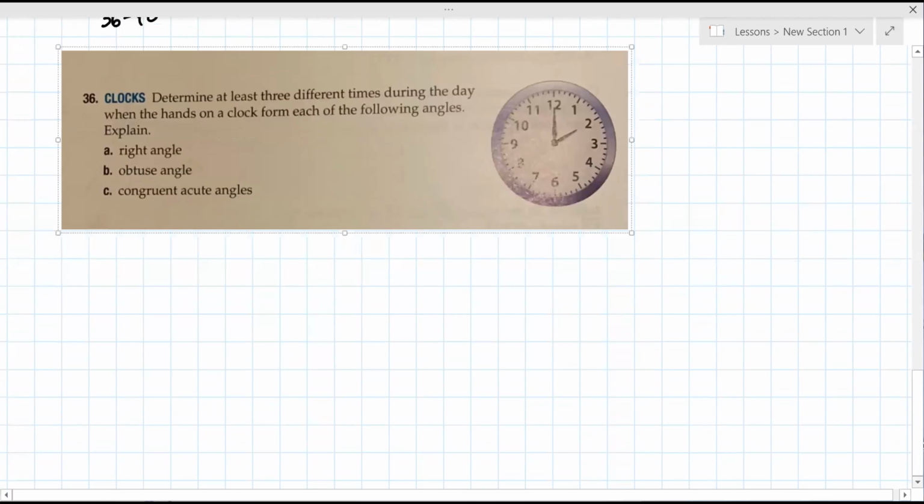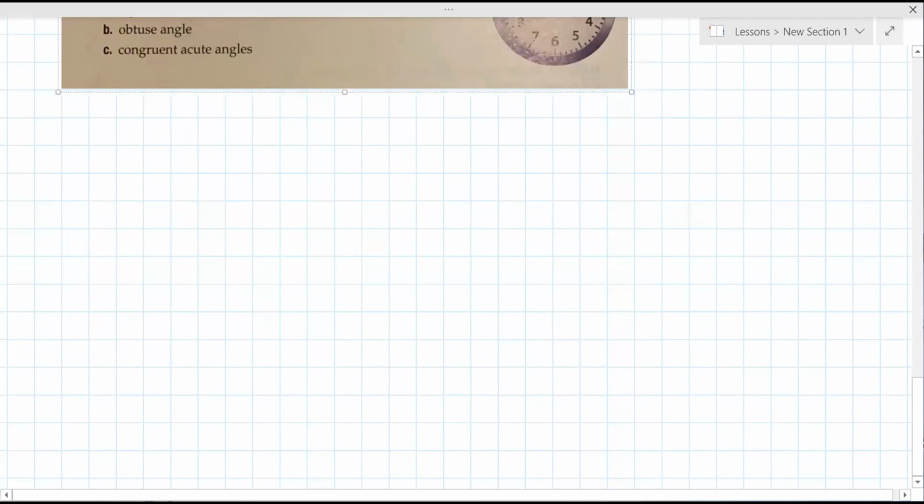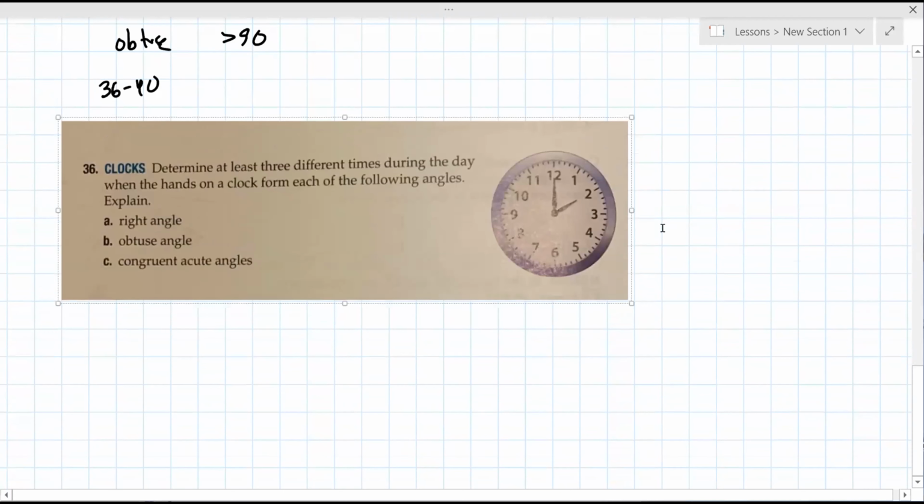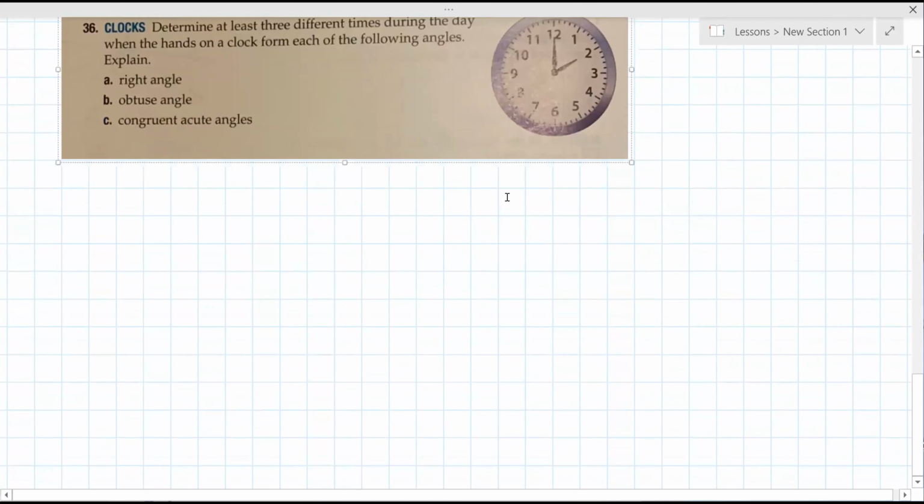Okay, it says here, determine at least 3 different times during the day when the hands on a clock form each of the following angles. So a right angle, obtuse angle, and congruent acute angles. That last one I might have to look up. That doesn't sound standard to me.